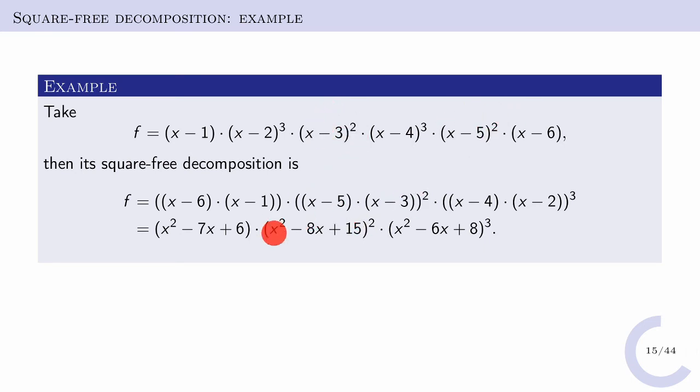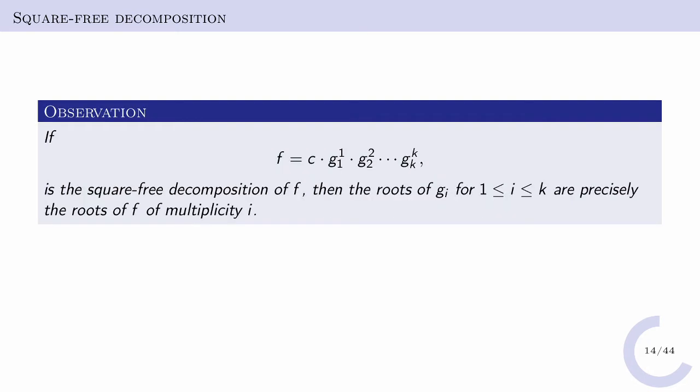So this is our G2 without these exponents, so this is G2 squared. And now we take this guy and this guy. So this polynomial in the parentheses is our G3, and it appears with exponent 3. What we got is that f is a product of successive powers of square-free polynomials. These Gi's are called square-free factors of f.